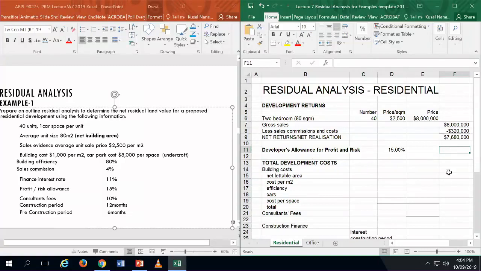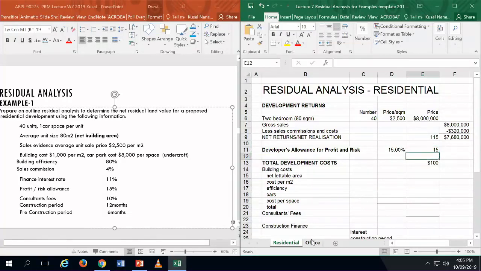If the total development cost is 100, this profit will be 15, and then this will be 115. Is that clear?